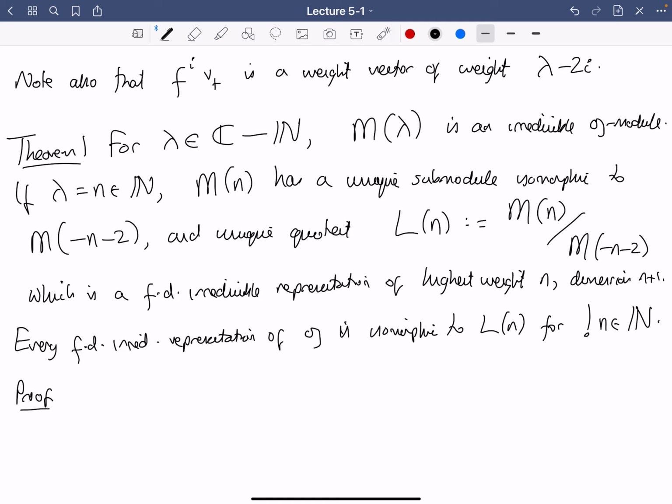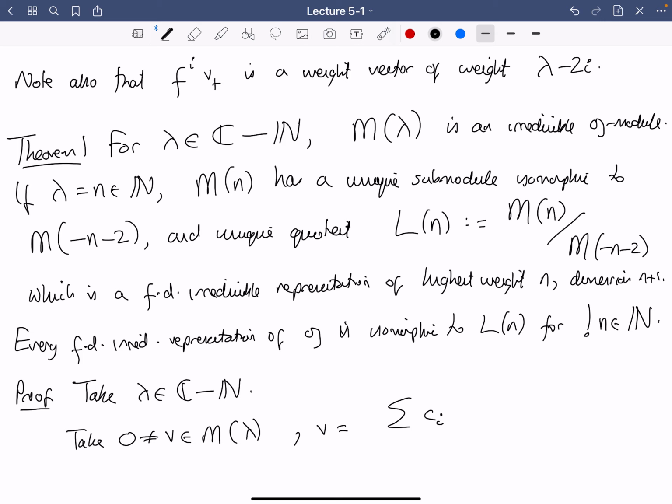So suppose first that lambda is a complex number but not a natural number, and take a non-zero vector v in the Verma module. So v is going to be some scalars times these f to the i v pluses.